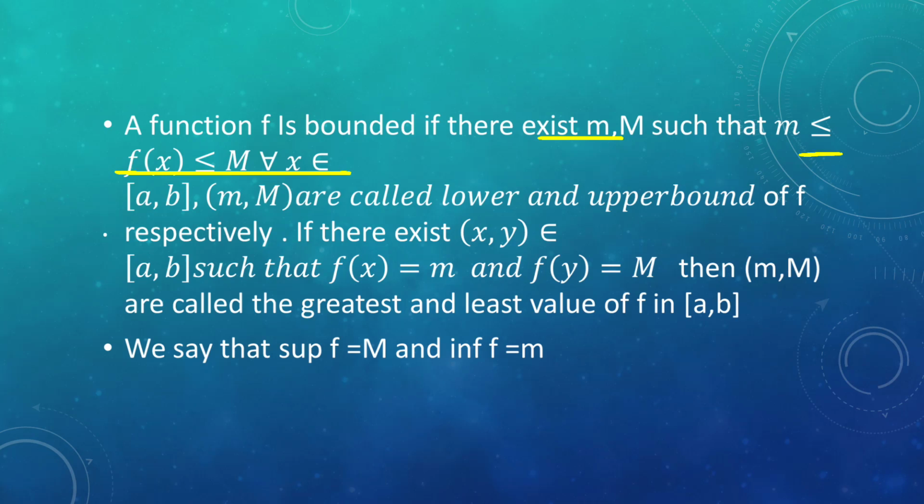Small m stands for the lower bound and capital M stands for the upper bound of the function respectively. The supremum of f is M, and the infimum of f is small m.